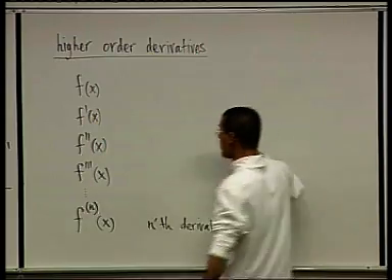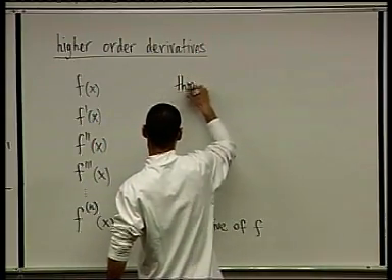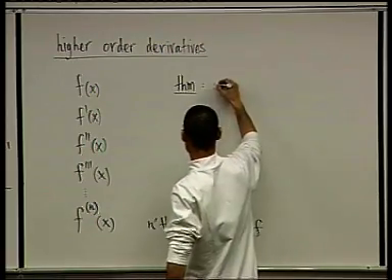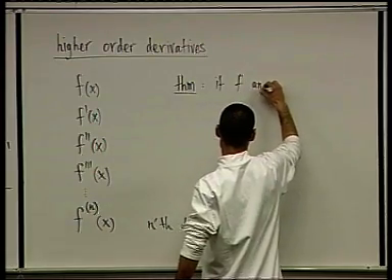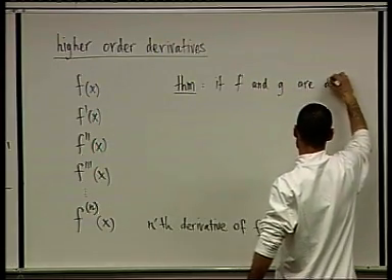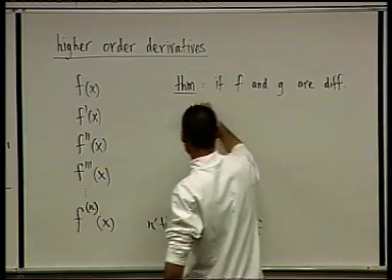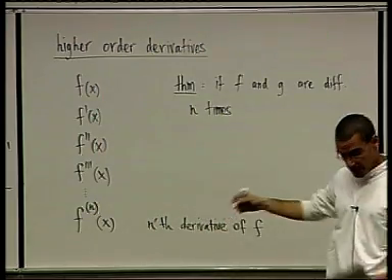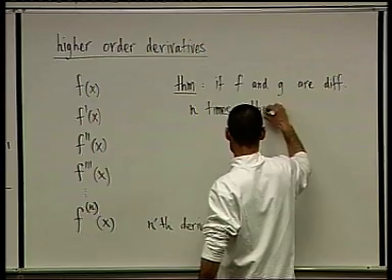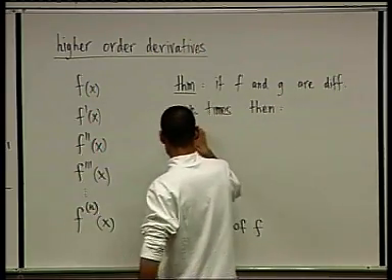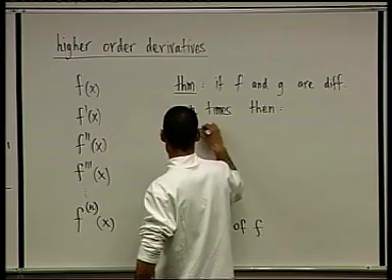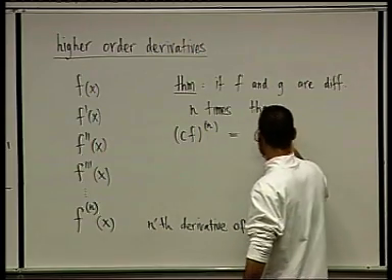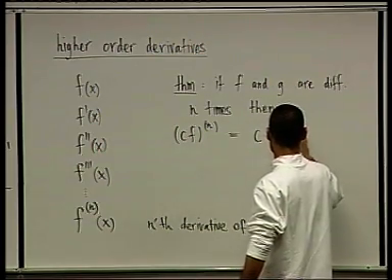Okay? The theorem for higher order derivatives is the following. If f and g are differentiable n times, meaning they have nth order derivatives, then if you take a constant times f and take the nth derivative, you get the constant times the nth derivative.